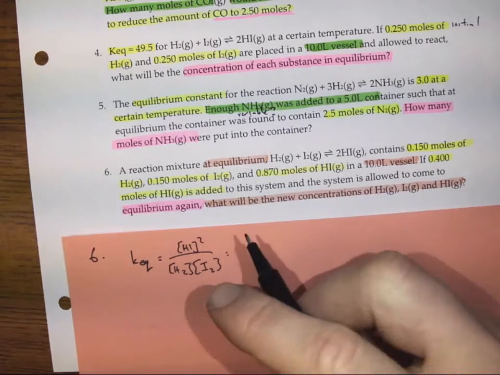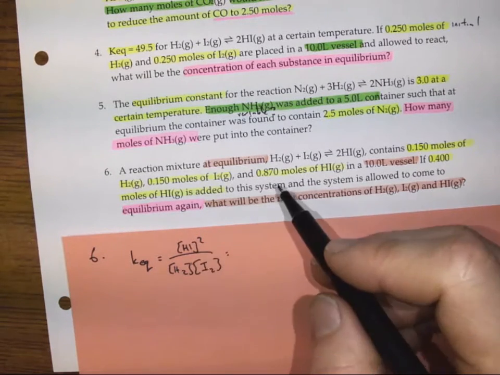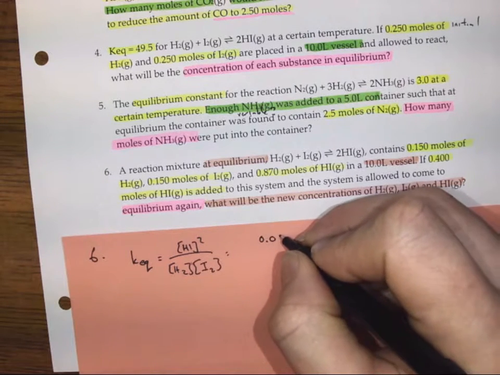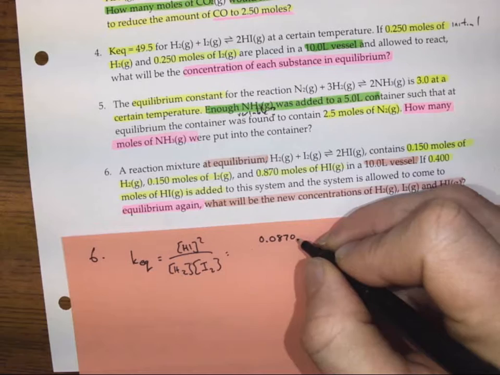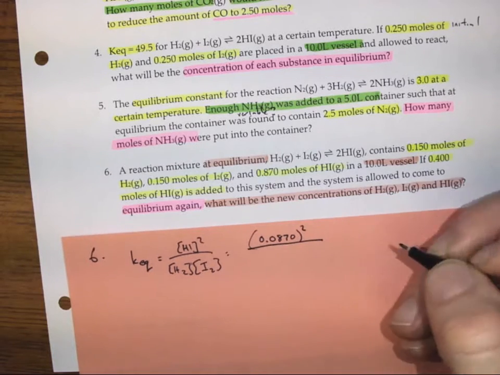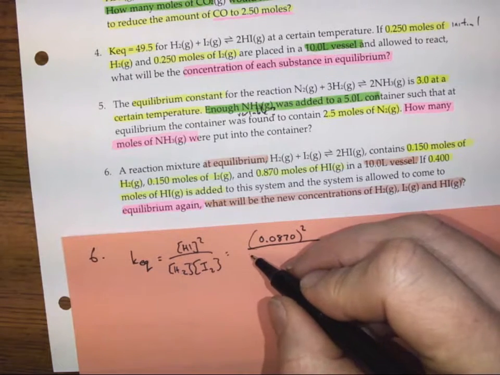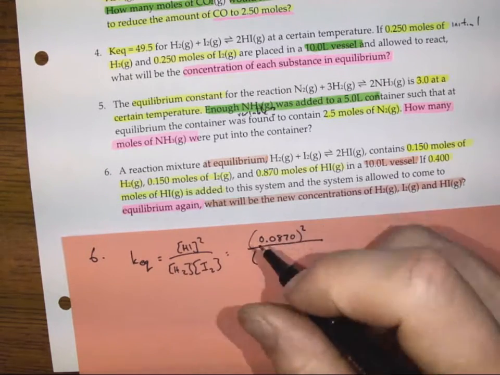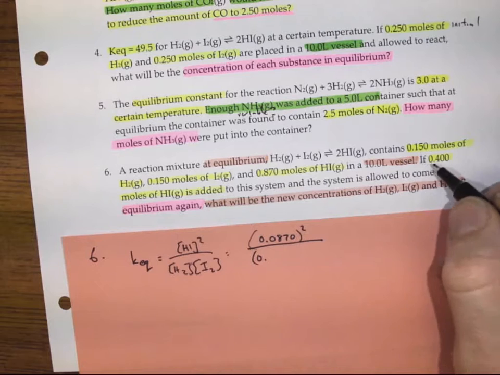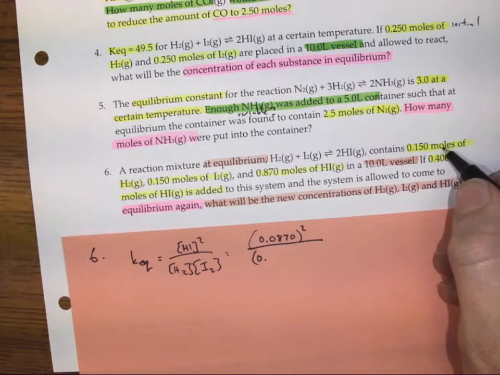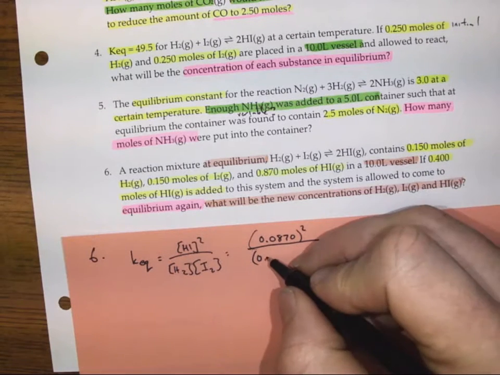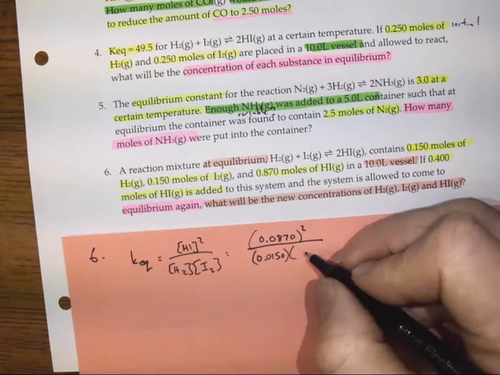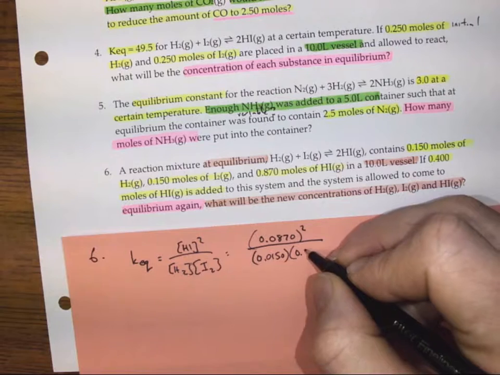The concentration of hydrogen iodide is 0.87 moles for every 10 liters, so it's 0.0870, and that's squared. My concentration of hydrogen is 0.150 moles for every 10 liters, so that means 0.0150 moles for every liter. And that's the same for iodine.